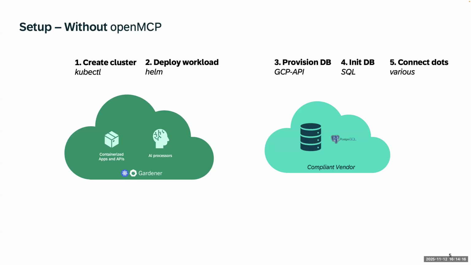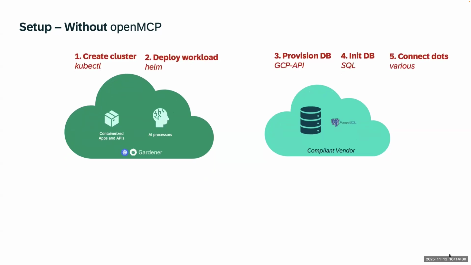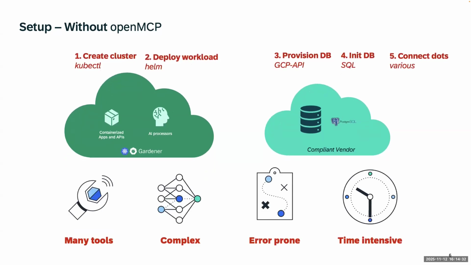Then, of course, all of these components need to talk to each other. So we need credentials, service accounts, and so on, so that each component can talk to each other in an automated, seamless fashion. As you can already see here, there are many, many tools involved, and this rather easy-to-understand use case is getting complex very quickly.